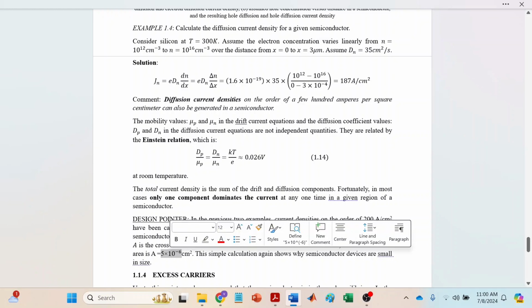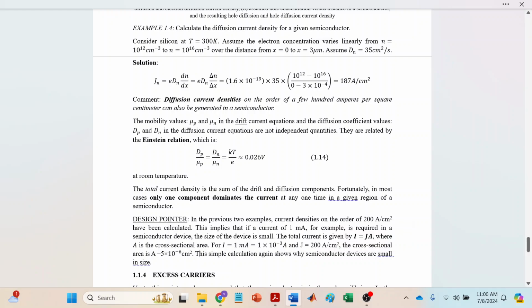So this is the reason why semiconductor materials are really small. That's why you have semiconductor materials with a size of nanometer scale, just because of this phenomenon.